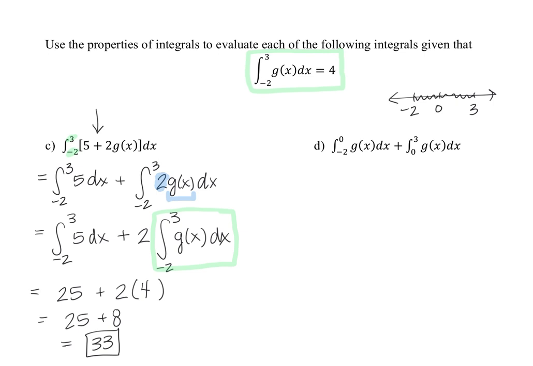So that's essentially the same as integrating all the way from negative 2 to 3. So we can use our property, which allows us to combine these two integrals into one and integrate all the way from negative 2 to 3 of g of x dx, which is the integral that we were given. And again, we know the value of that integral is just 4.